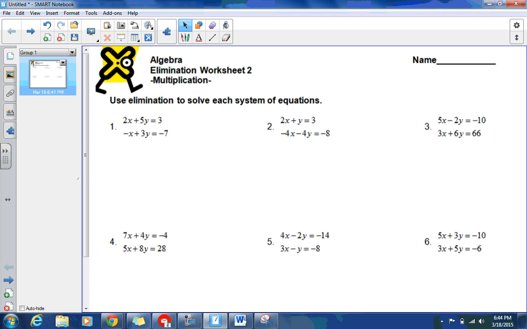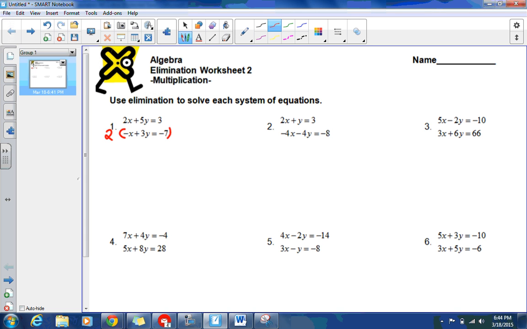I'll look at the second equation. I think the x's can be eliminated if I multiply the second equation by 2, because then we'll have a negative 2x, which will make the positive 2x cancel out.